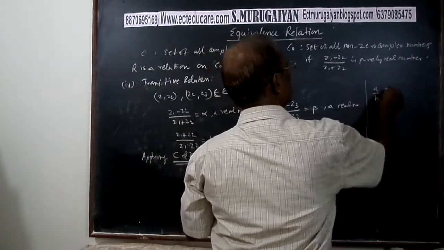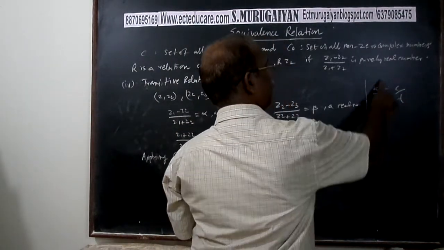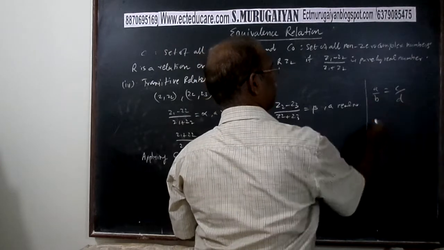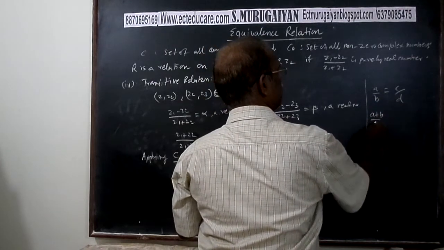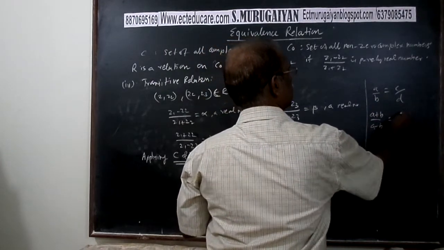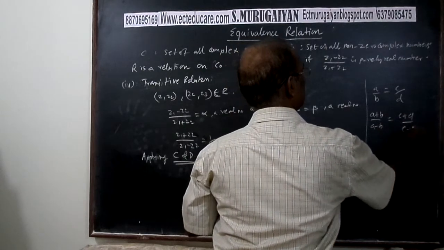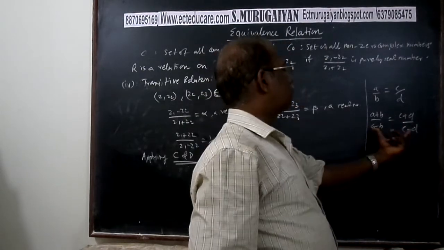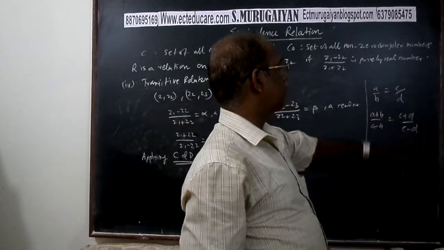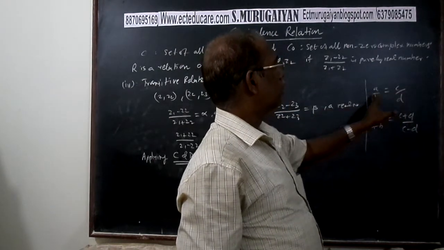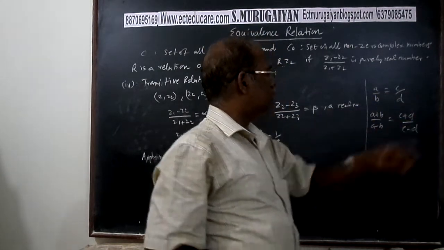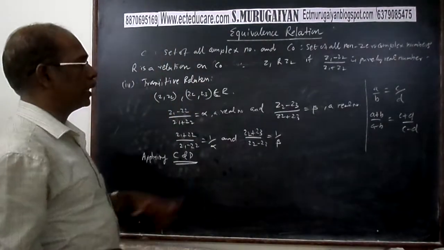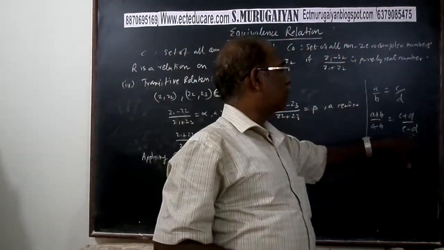If A by B equals C by D, then (A plus B) by (A minus B) equals (C plus D) by (C minus D). If you apply componendo dividendo between these two ratios, this is the result: sum and difference.